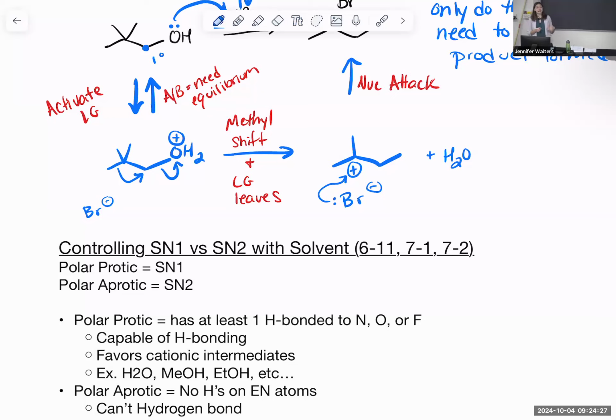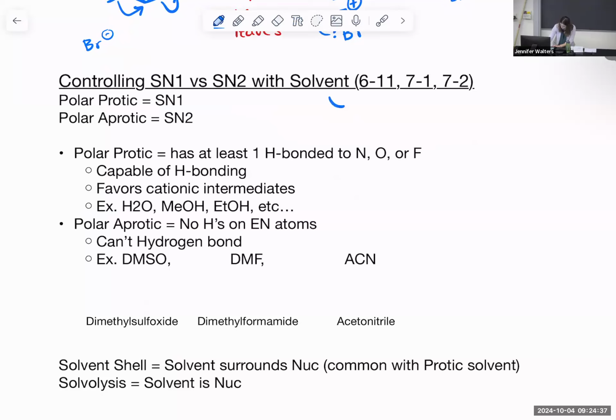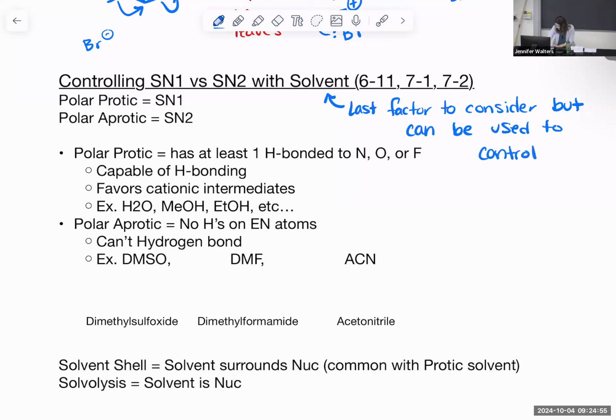So solvent is going to be the last thing that we consider, but it can be used to control a reaction mechanism.